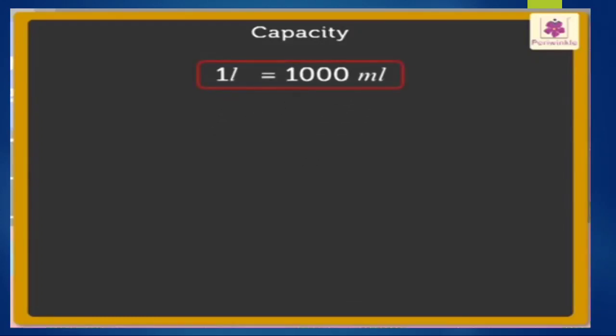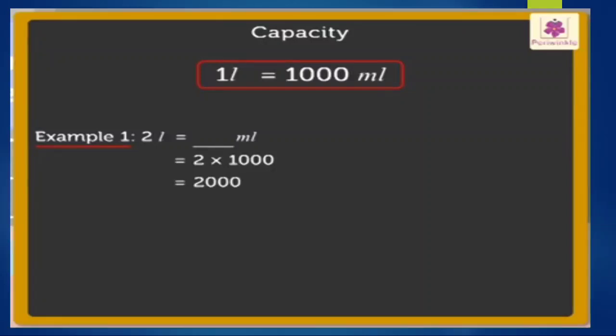To change liter to milliliter, we multiply liter by 1000. Let's see how. Let's convert 2 liters into milliliters. Here, 2 into 1000 is equal to 2000 milliliters. Thus, we get 2 liters is equal to 2000 milliliters.